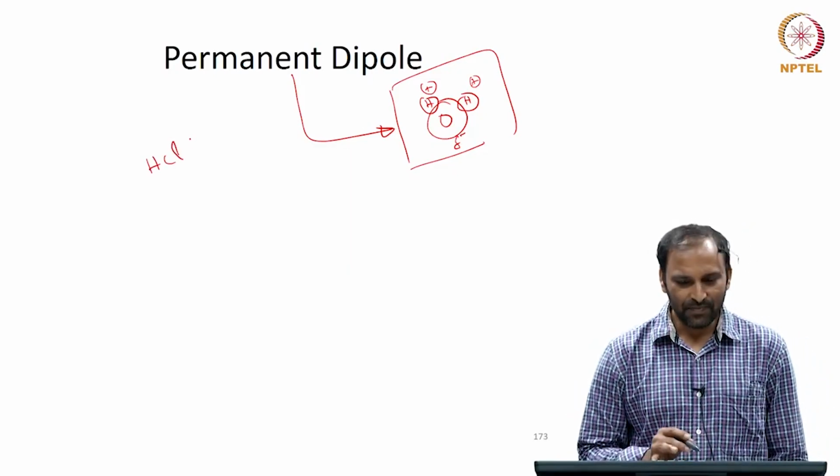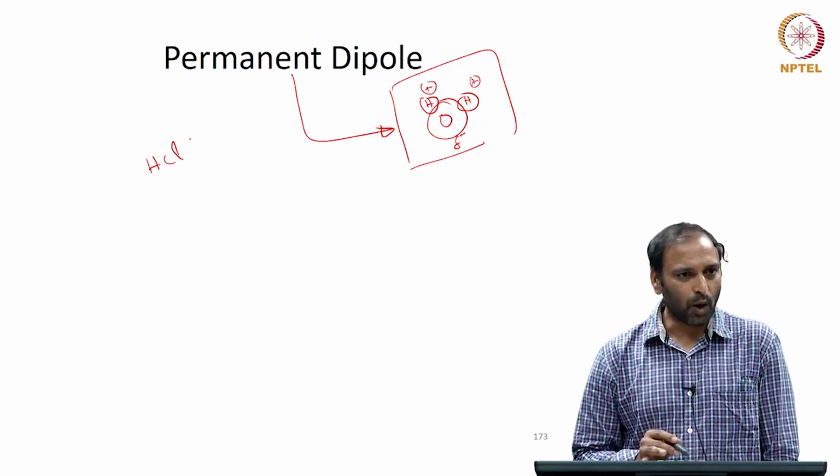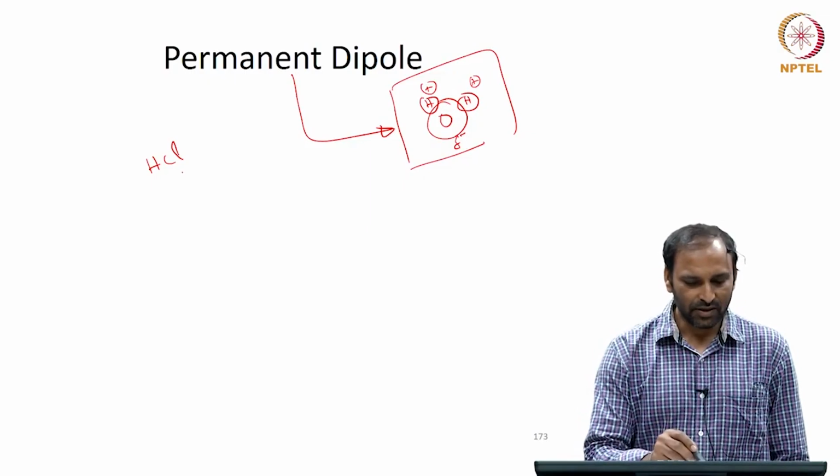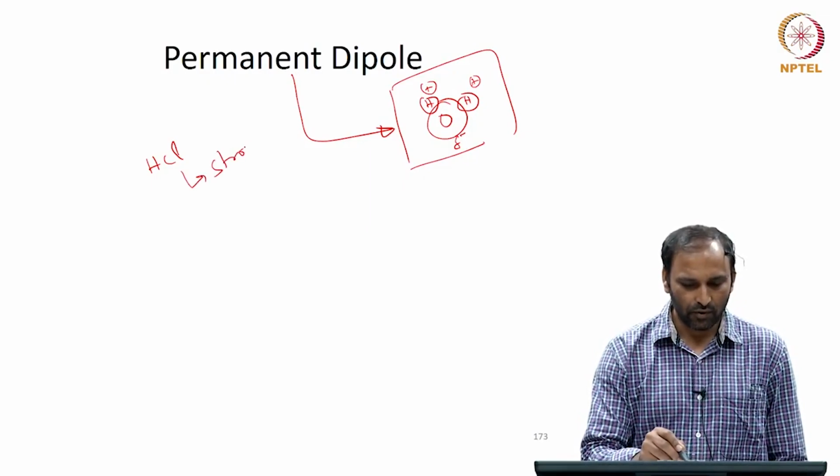Typically permanent dipoles are found in molecules in which one of the atoms is strongly electronegative.